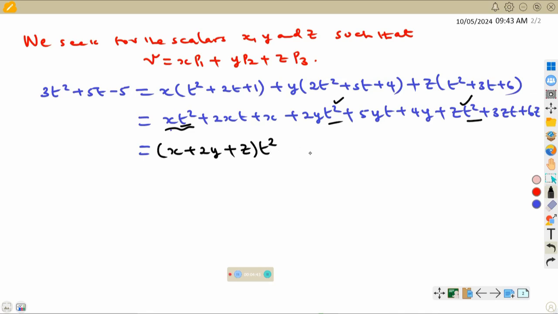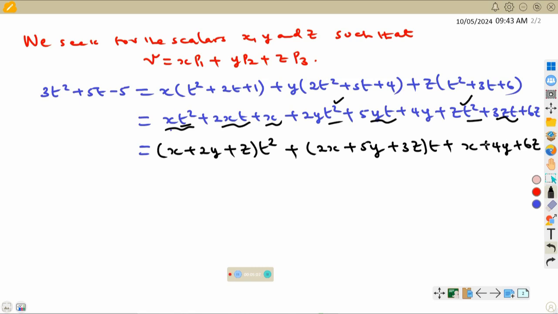These are the coefficients of t squared. Plus the coefficients for t: we have 2x, 5y, and 3z. The constants, we have x, we have 4y, we have 6z. That is what we have so far.